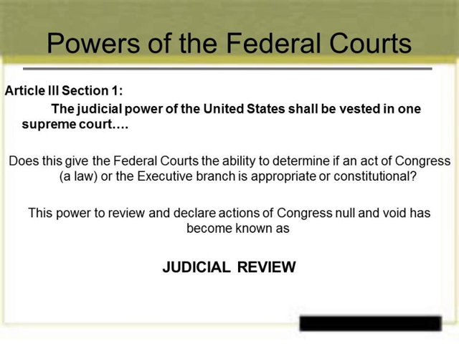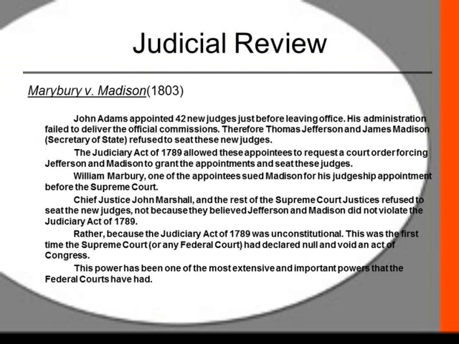But if we read the Constitution, that power of judicial review is not explicitly listed there. So how did the Supreme Court acquire this ability of judicial review? Well, very simply, there was a court case in 1803 known as Marbury versus Madison. The summary of the case is on the screen.